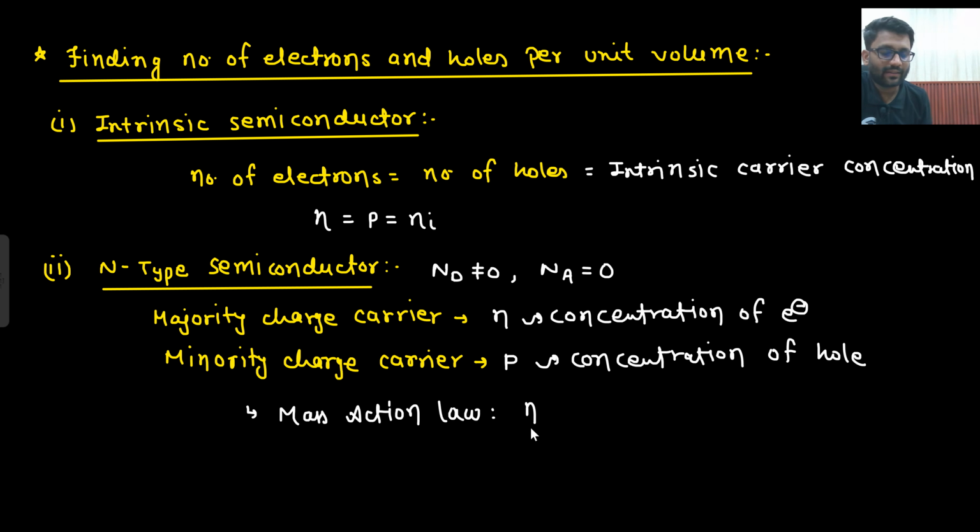At any point at thermal equilibrium, the concentration of electrons multiplied by the concentration of holes will be equal to Ni square. What is this Ni square?